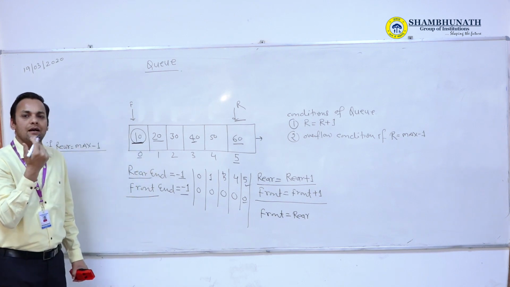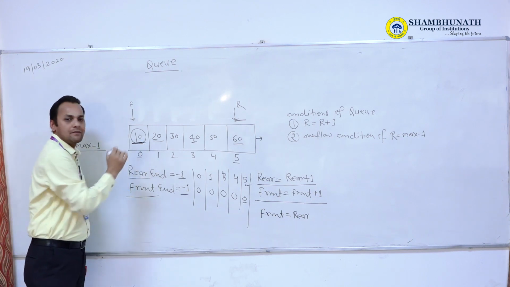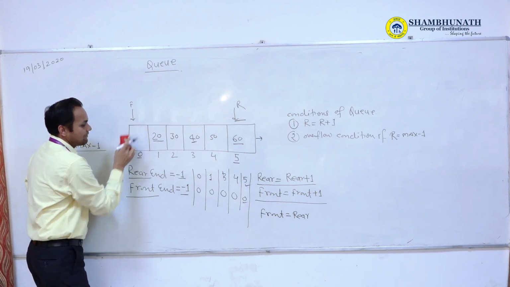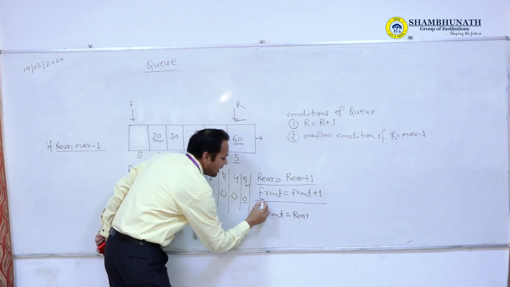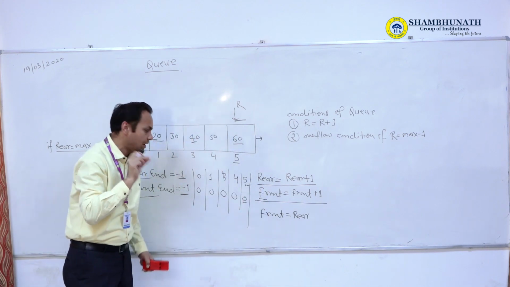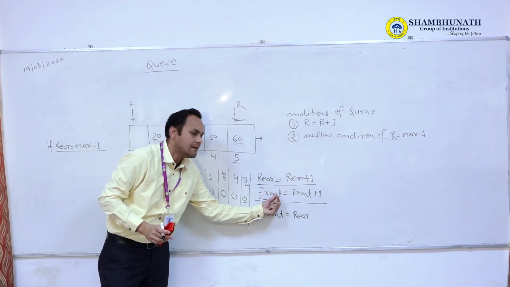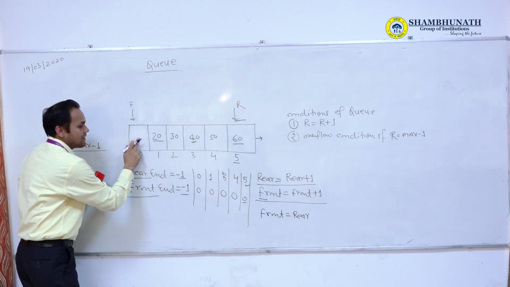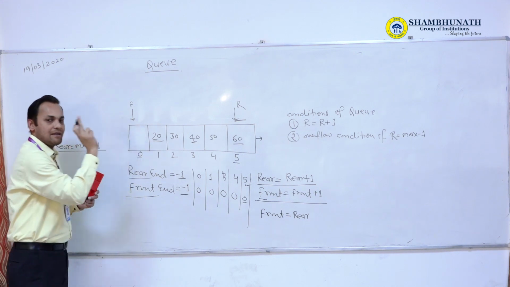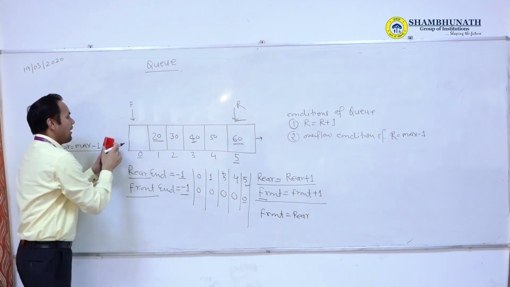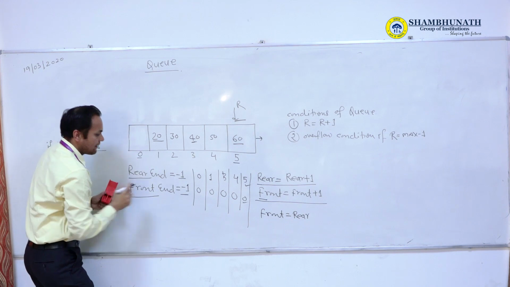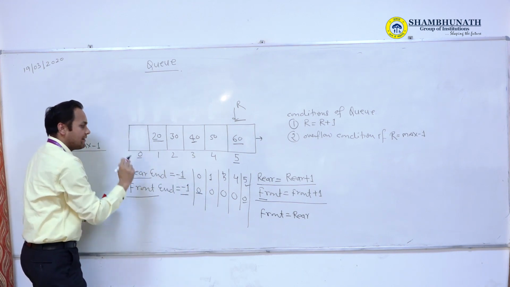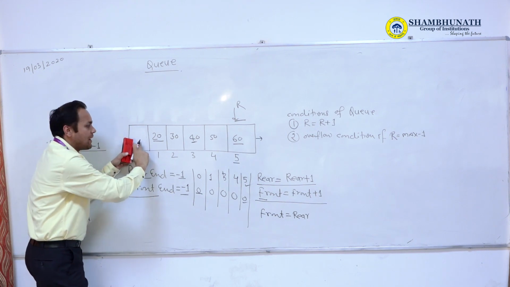Then what is the change in the position of front? As I have already mentioned, if elements are deleted from the front end of the queue, the front will increase by plus 1. Since 10 is the first element inserted in the queue, front is 0 before deleting it, and after deleting 10, front increases by plus 1.